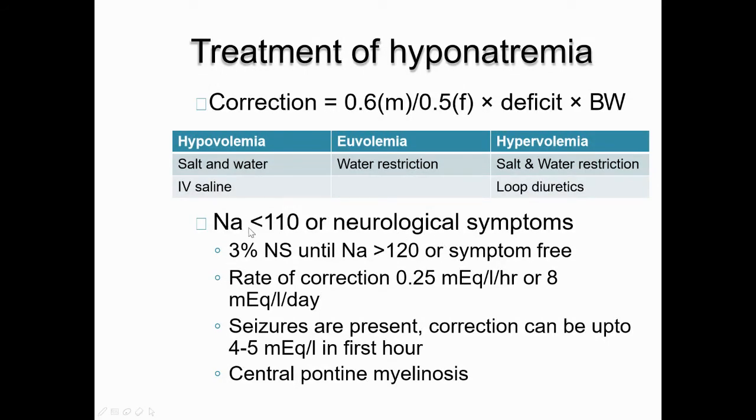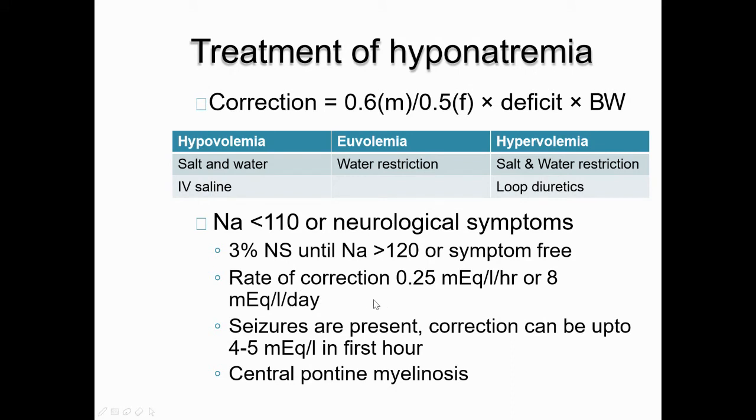So 3% saline is given for neurological symptoms until the sodium reaches the 120 level. Once it reaches 120, the patient will be symptom free. The rate of correction will be 1.25 milliequivalents per hour, or 8 milliequivalents per day as a dosage.